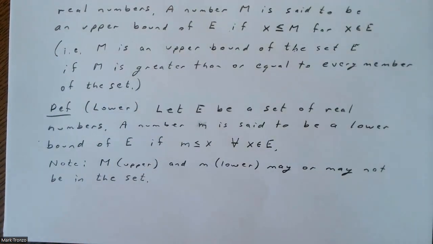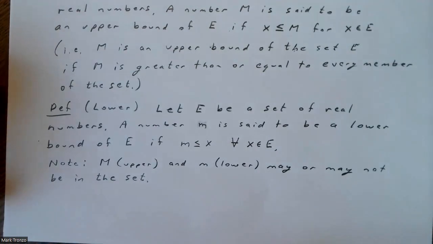And then a set that has both an upper bound and a lower bound is said to be bounded.